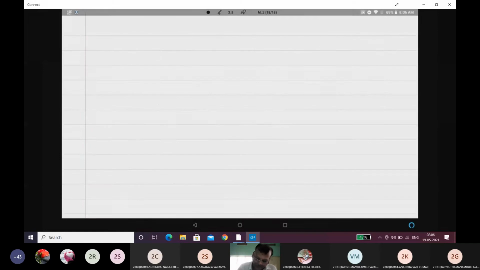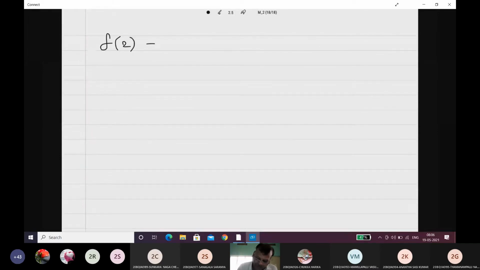Now, f of 2 is equal to 2 log 2 base 10 minus 1.2. All of you take the calculator. In the calculator, there are two logs. One is LOG, and the other one is LN.